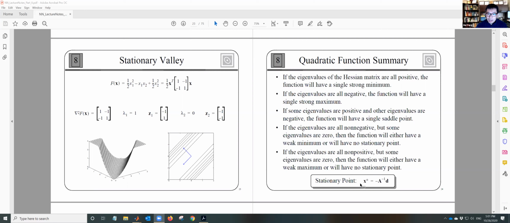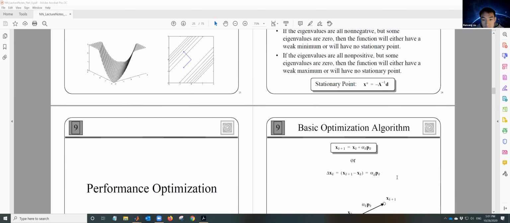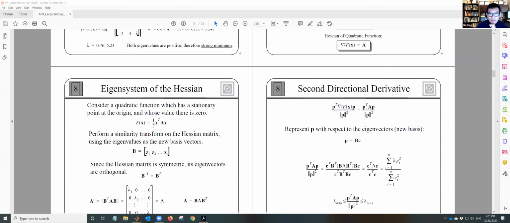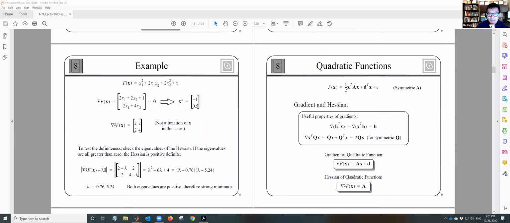So here, why does this stationary point equal this? Rensang, why is the stationary point this? You can just solve the equation of the first derivative equals 0.